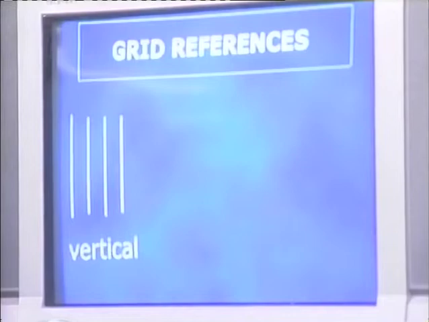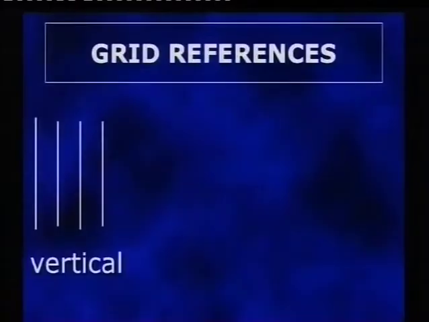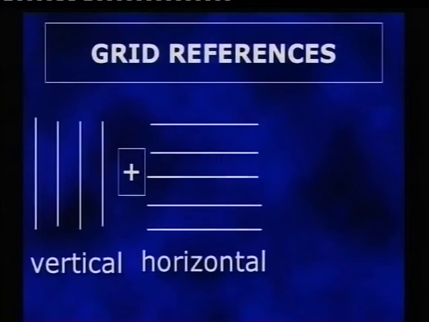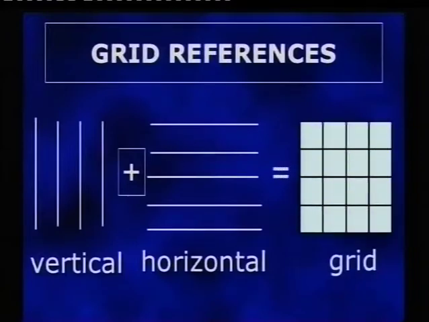Good. All right, let's have a look here. Vertical lines plus horizontal lines gives you a grid. Receiving students, vertical lines and horizontal lines gives you a grid.